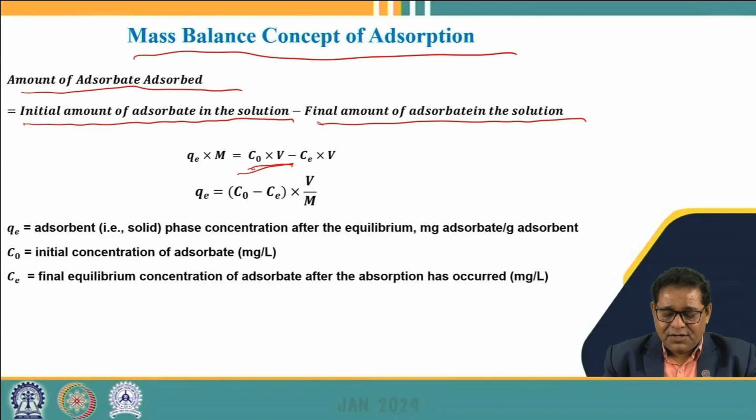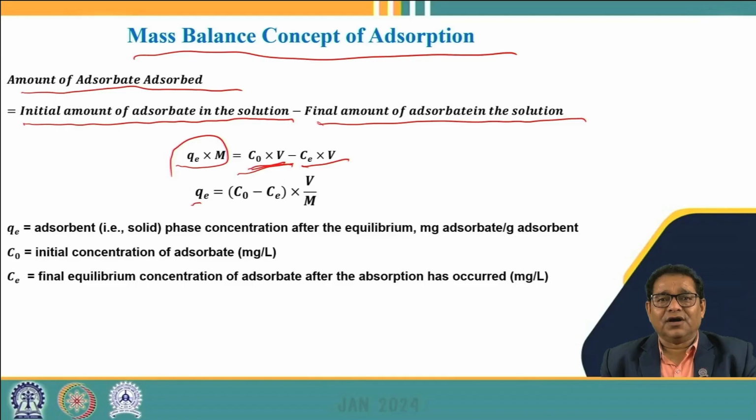So multiplying C0 into V will give you the amount of adsorbate initially present in the solution, and similarly Ce into V will give the amount of adsorbate that is present in the solution after the adsorption process is done. So this will be equal to the amount of adsorbate adsorbed onto the adsorbent. So this will be Qe.